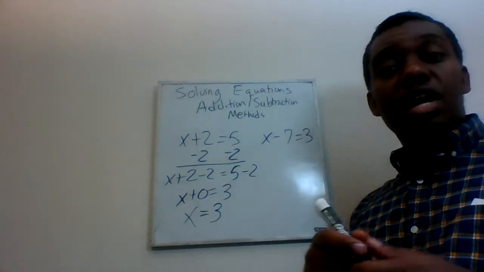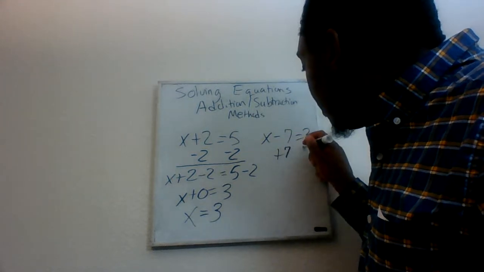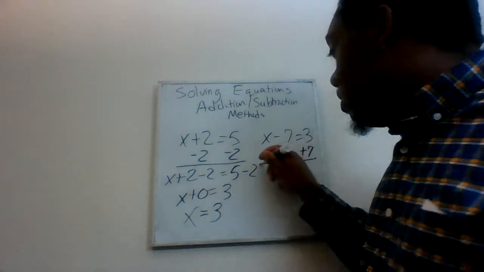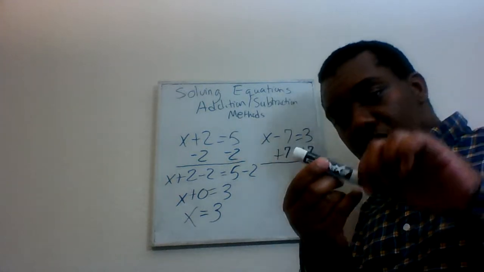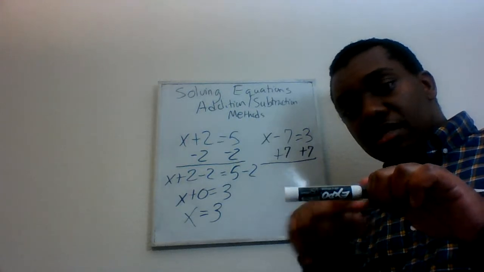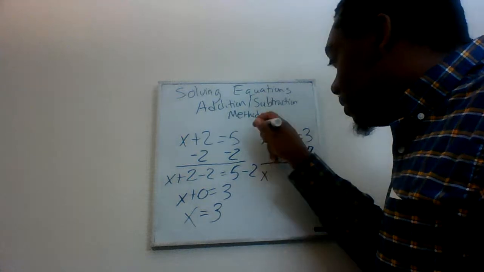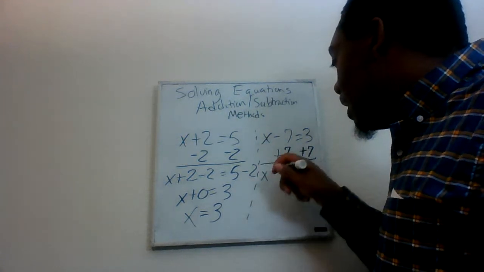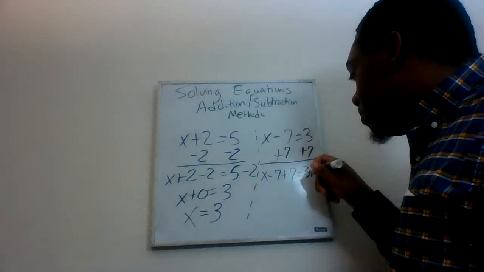Oh, well, the inverse of subtraction is addition. So I'm going to add 7 on both sides. Why both sides? Remember, we're trying to keep it balanced. If I add more stuff on one side, I need to add it on the other so that we maintain that balance. Okay? So in this case, I get x minus 7 plus 7 equals 3 plus 7.